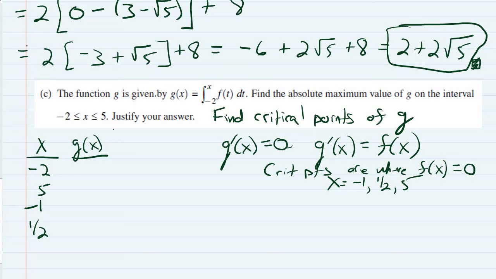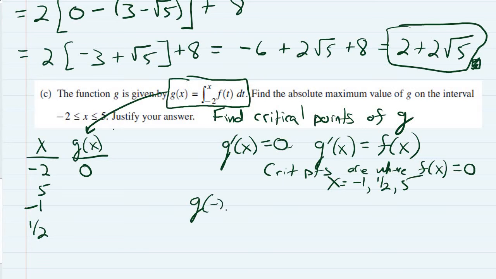Okay, so if I take g of negative 2, integrating from negative 2 to negative 2, right? Here's what I'm using to find out what g of x is. I'm using this integral. Well, if I integrate from negative 2 to negative 2, that's a 0. Let's just start making a list here.